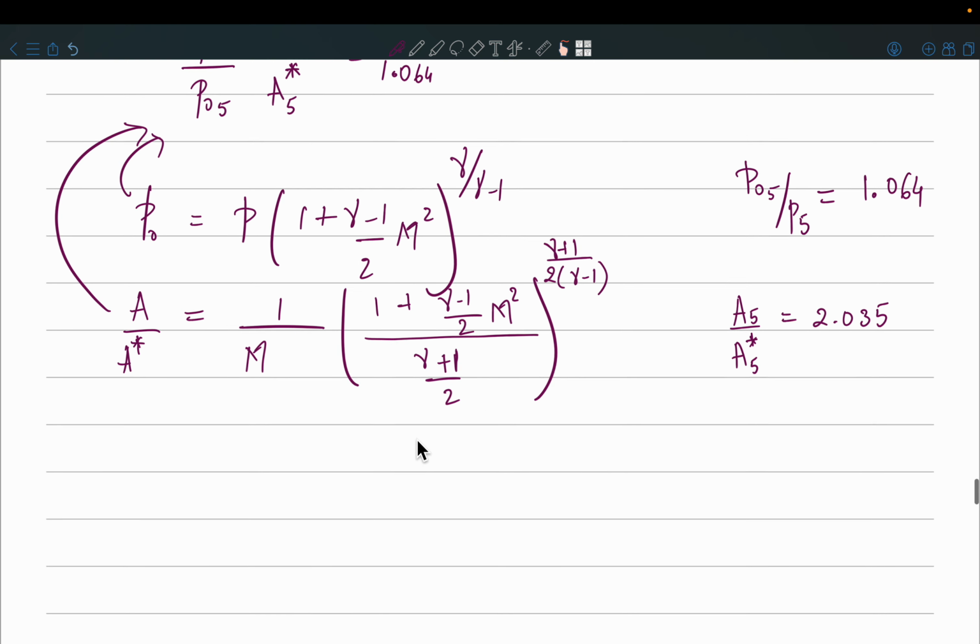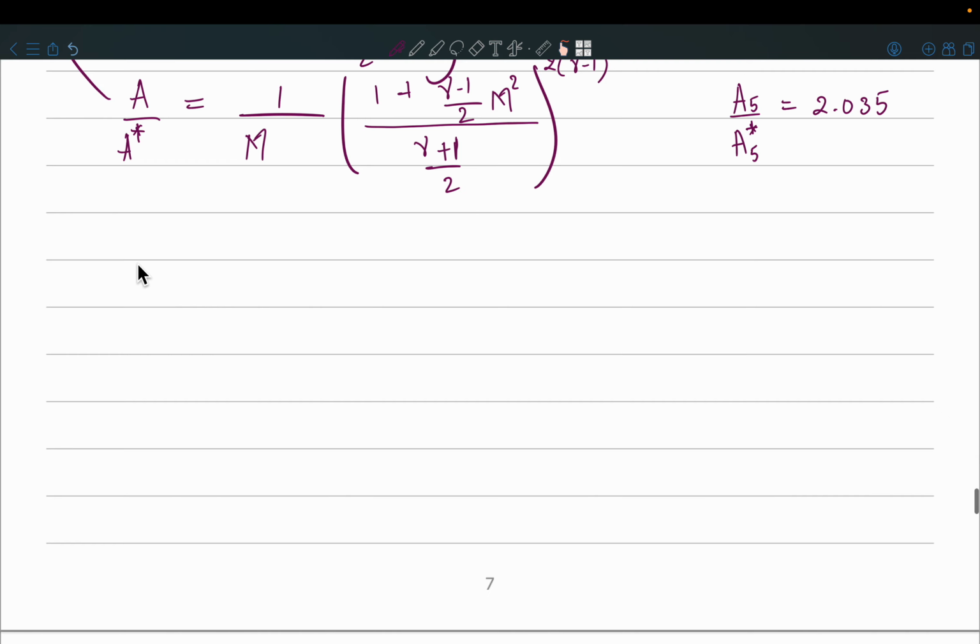So what we have to find is P5 by P01, that is my operating pressure ratio. And I have P5 by P05. So what do I do? Yes, exactly. We'll do the same cascade.